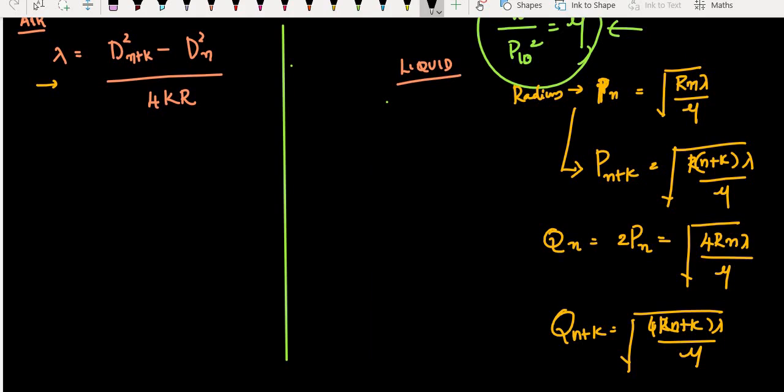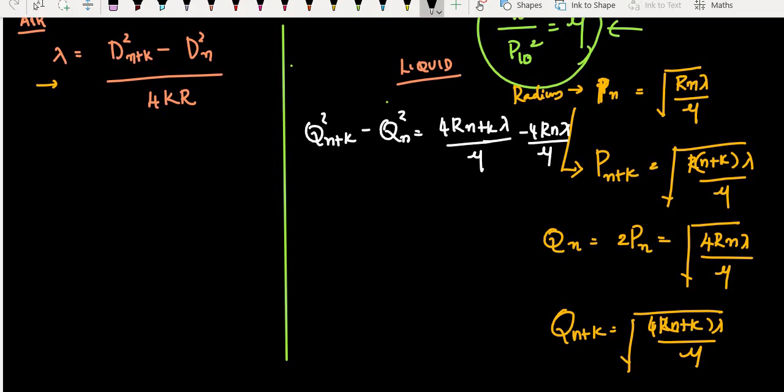How to calculate the wavelength? We can have Q square n plus k minus Q square n equal to 4R into n plus k lambda by mu minus 4Rn lambda divided by mu. Mu is common, so we can take it to this side.